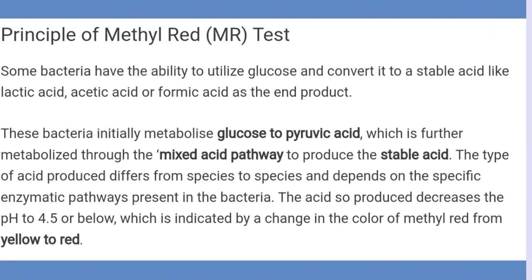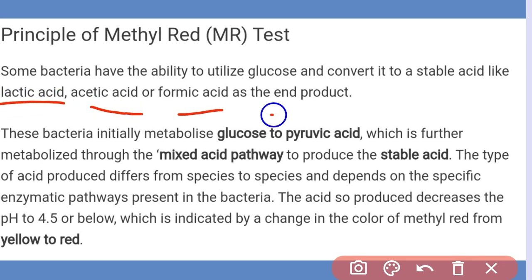Principle of this methyl red test: some bacteria have the ability to utilize glucose and convert it to stable acids like lactic acid, acetic acid, formic acid as their end products. The bacteria initially metabolize the glucose to pyruvic acid, then pyruvic acid is metabolized by the mixed acid pathway to produce stable acids.